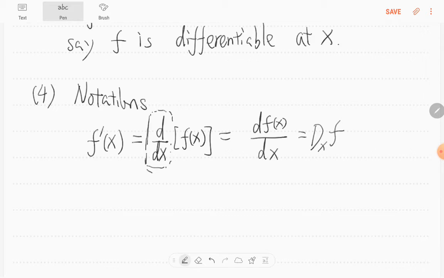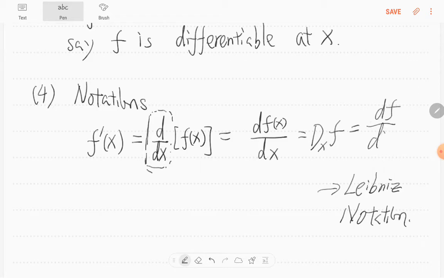And there is another important notation, which is called the Leibniz notation. Maybe I didn't spell it correctly, but anyway, this is called the Leibniz notation: df over dx.